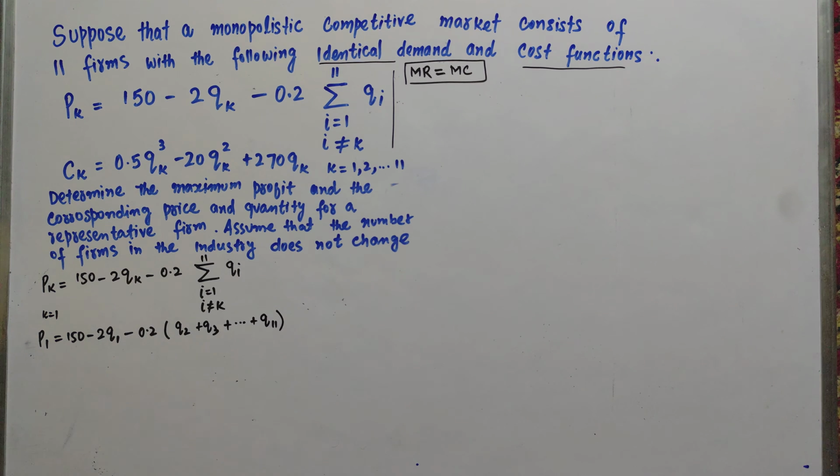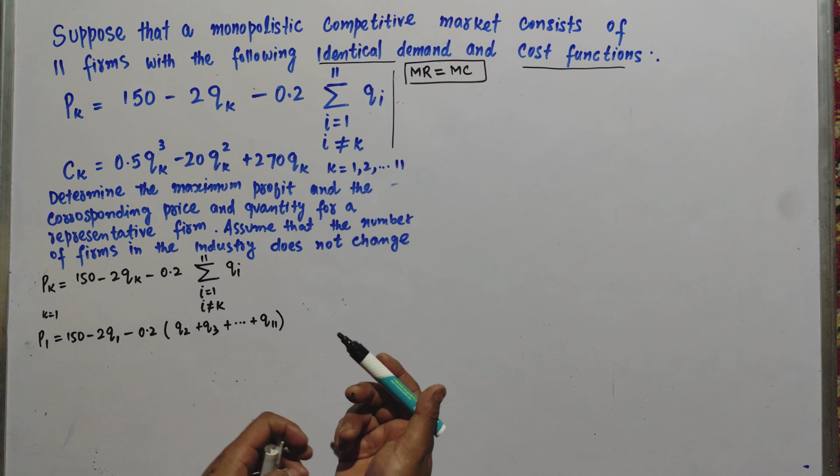Remember this point: we have to sum up the Qi's, I is equal to 1, but I cannot be equal to K. Since K is equal to 1, we have to drop out the first Q1 here. This is the inverse demand function.